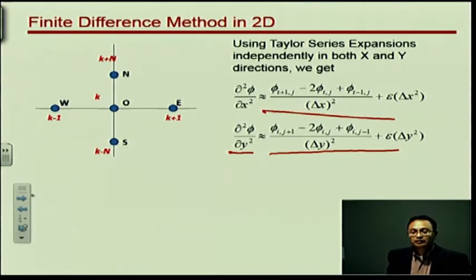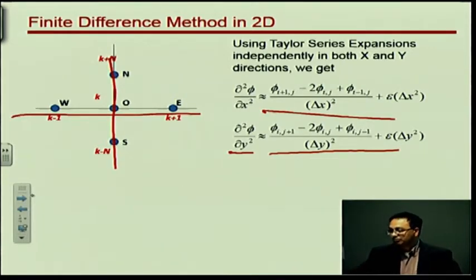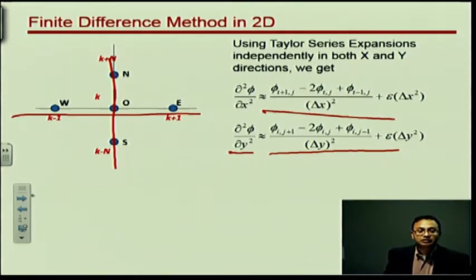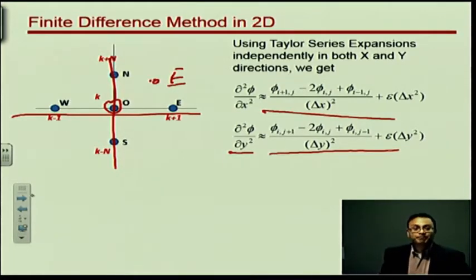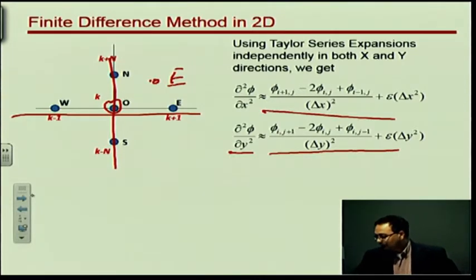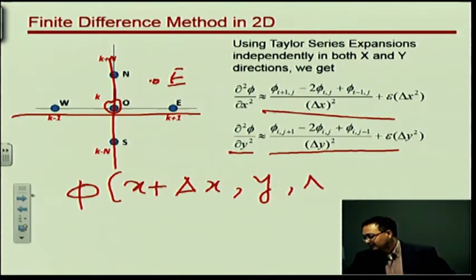Now, one thing I do want to emphasize here is that this is possible because these mesh lines are Cartesian, perfectly perpendicular to each other. If, let's say, my north was here and my east was here, then if you do a Taylor series expansion of phi, you got to do x plus delta x comma y plus delta y.